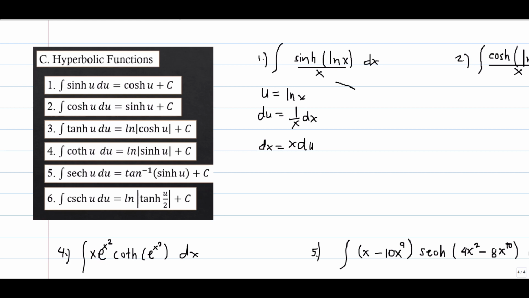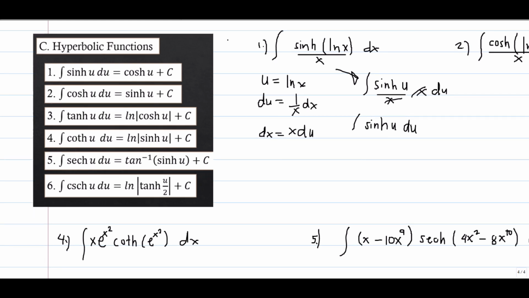Then we can now change the given. The integral of sinh, we change ln x into u, then we have over x, and dx is equivalent to x du, so that we can cancel x. Therefore, the integral of sinh u du.